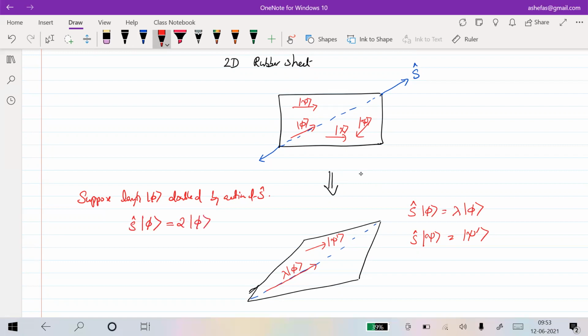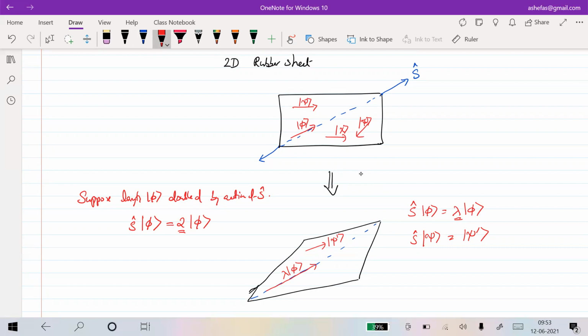That's it. This 2 is a scaling factor because it scales up. That is why lambda is called the scaling factor, or the eigenvalue, and corresponding to the eigenvalue we get the eigenvector. We may have a number of eigenvectors with the same eigenvalue. If you have more than one eigenvector with the same eigenvalue, then we call that eigenvalue degenerate.